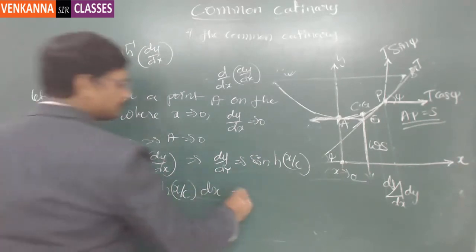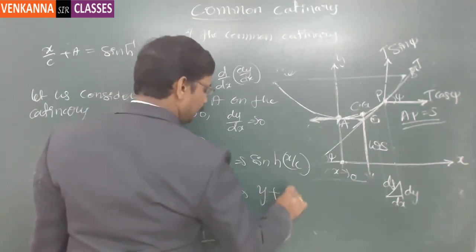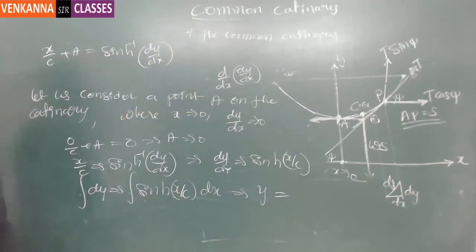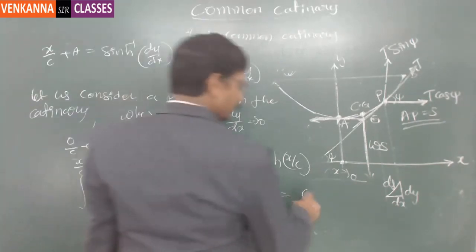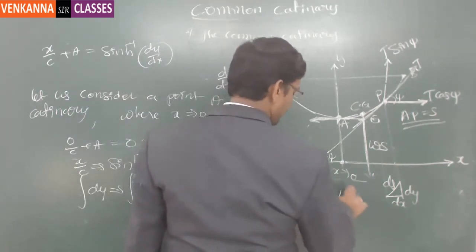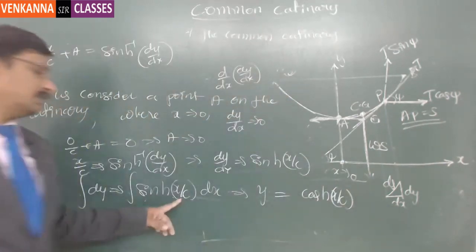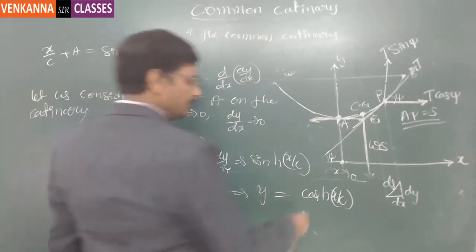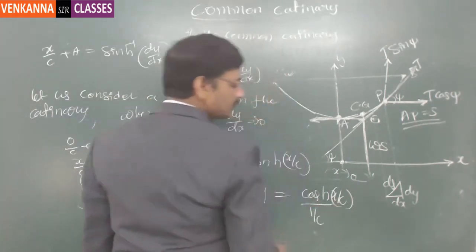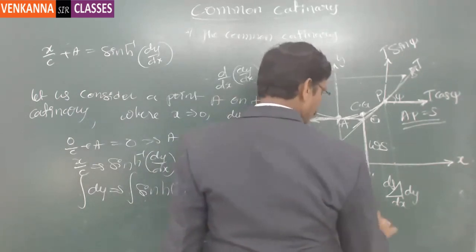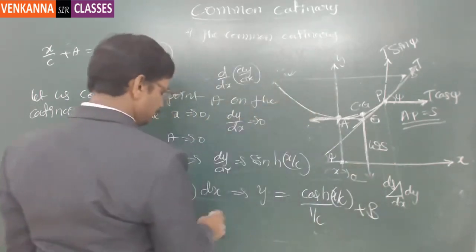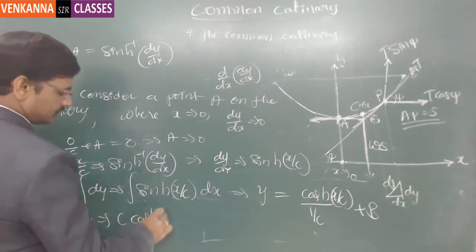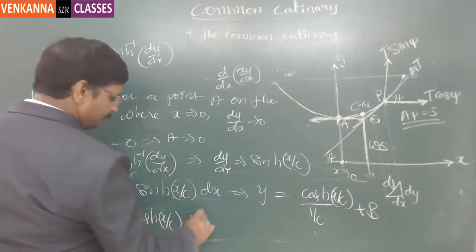So y is equal to, the integral of sinh x is cosh x, so cosh of x by c, and the factor that comes out is c in the denominator, divided by 1 by c, plus some constant b. So y is equal to c cosh of x by c plus b.